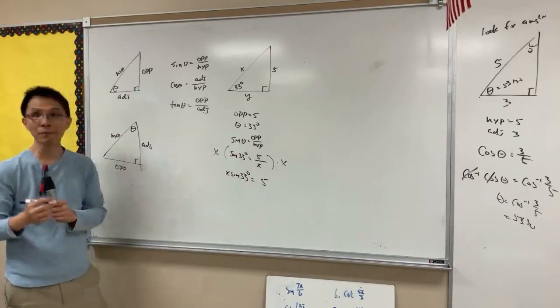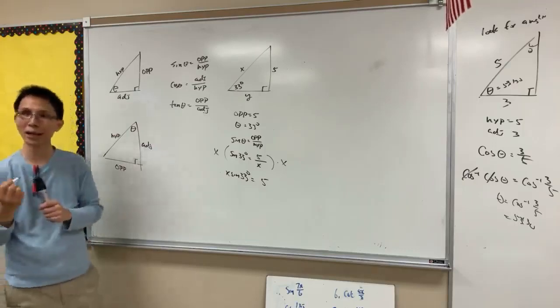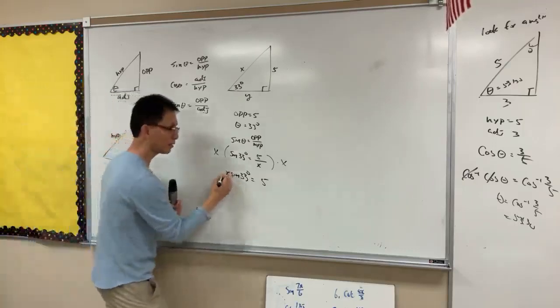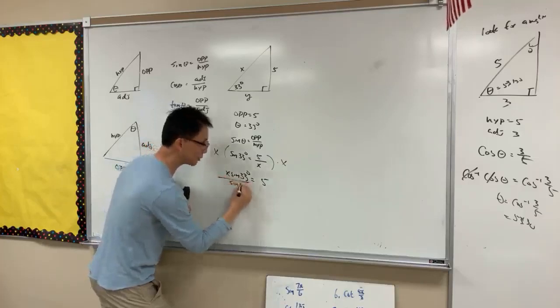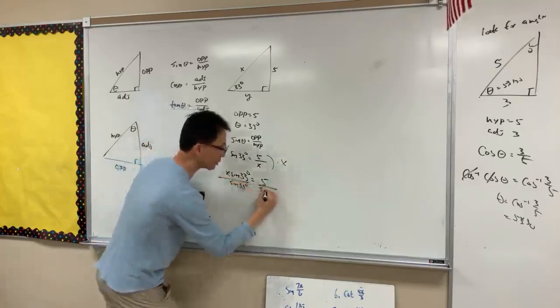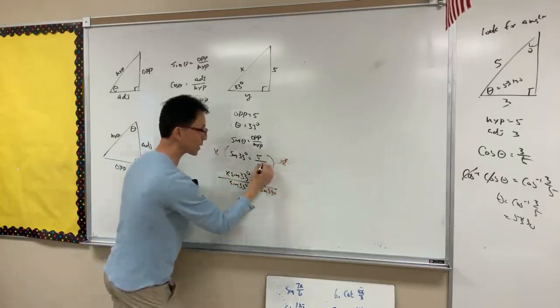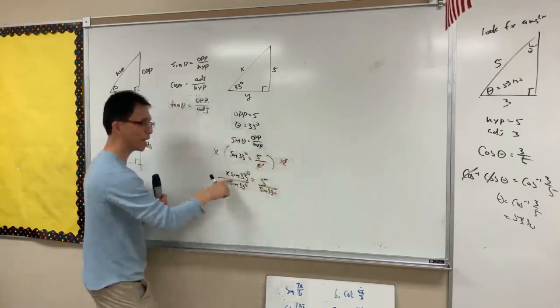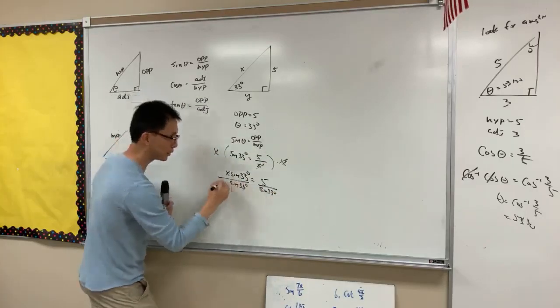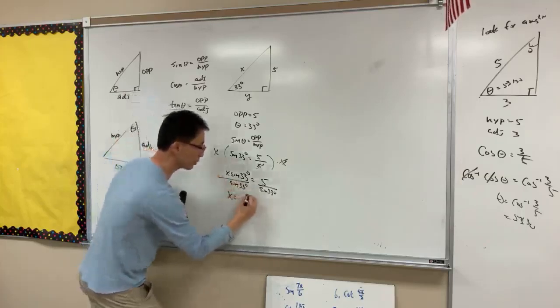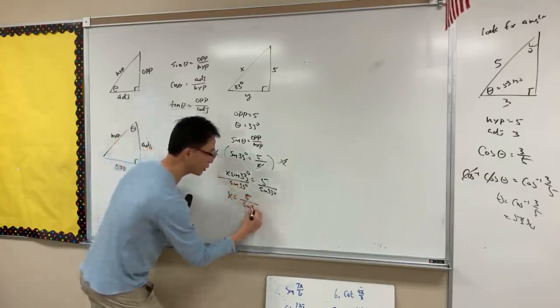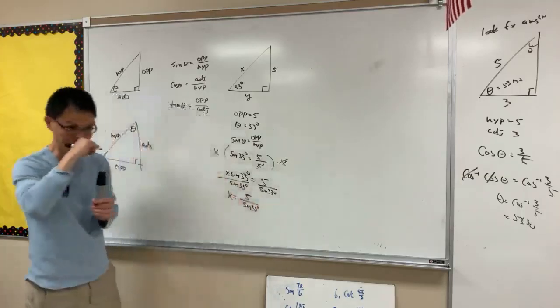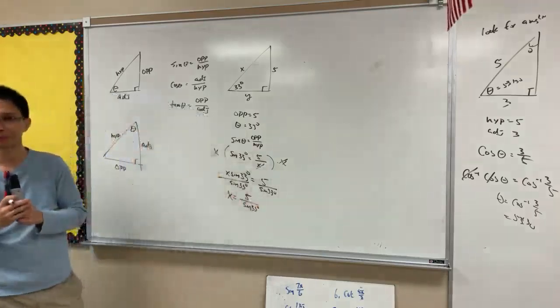Then I'm going to isolate the x. How do I isolate the x? I divide both sides by sine of 33 degrees, because this cancels out, leaving the 5. So x equals 5 over sine of 33.